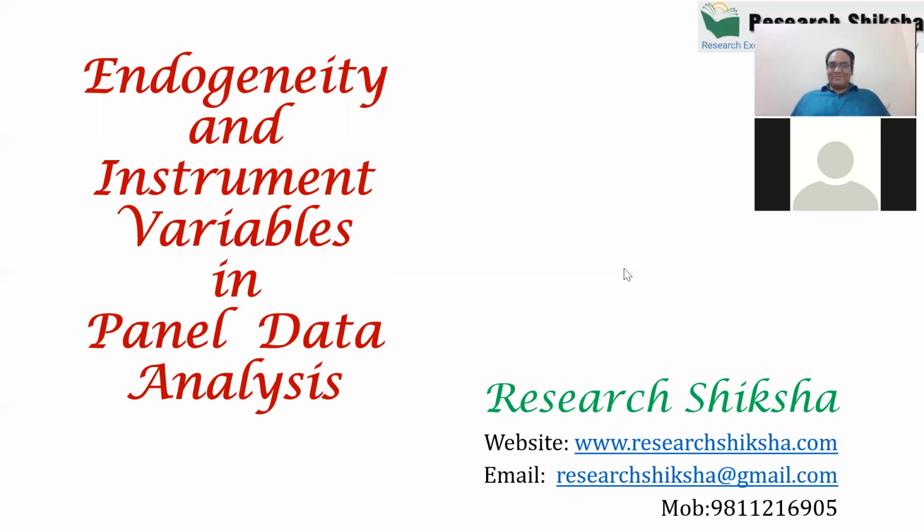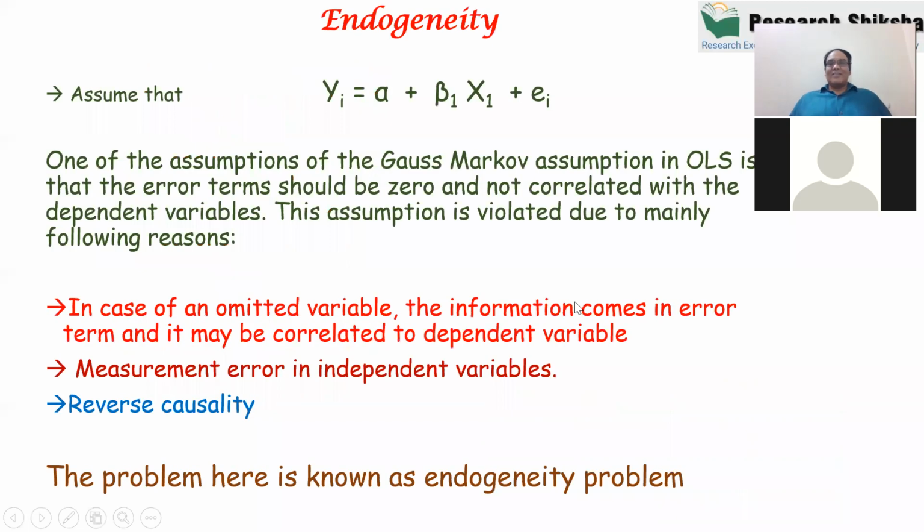So for that I have this slide. Okay, now very basic. The y here is the dependent variable, x is the independent variable, and we are trying to explain the y with the help of x. Simple.